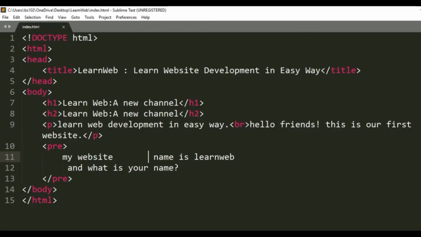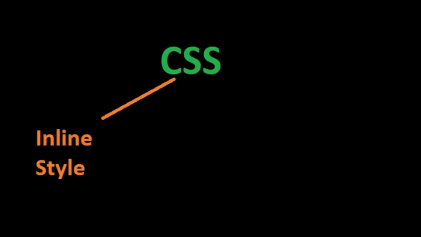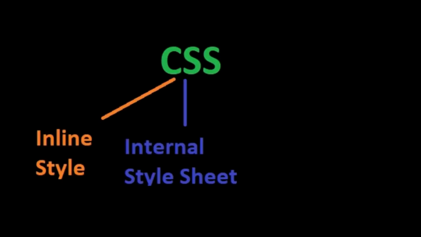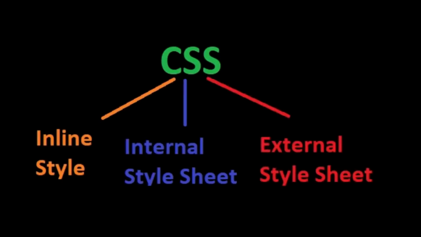Now let's talk about types of CSS3. So friends, CSS is of three types: inline CSS, internal CSS, and external CSS. What is the difference between these three types of CSS3? Friends, in inline style CSS, we define the decoration of HTML elements along with them.